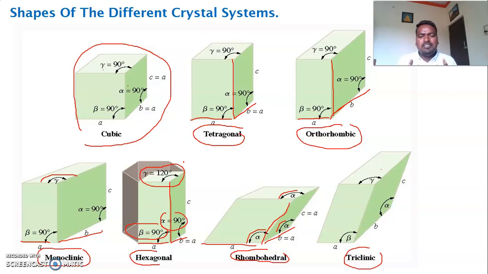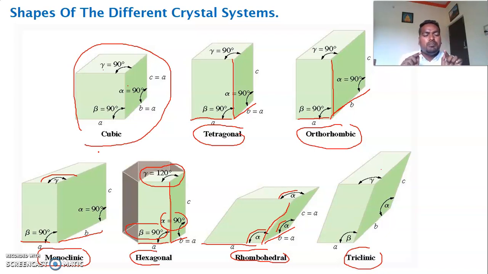The 7 crystal systems are due to the difference in axial angle and axial distance. Further, these 7 crystal systems are classified based on the nature of the unit cell. So we have 14 different types of unit cell.